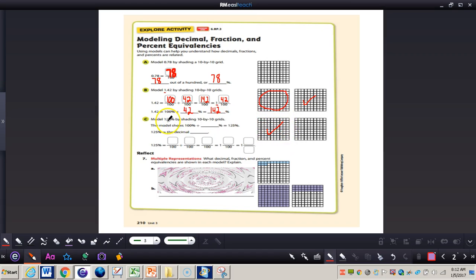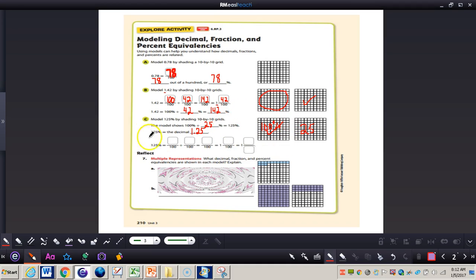And then the 25%, I want you to shade in 25 squares on that second 10 by 10 grid. So from there, the model shows that 100%, which is on this first grid, plus 25% equals 125%, and 125% equals the decimal 1 whole and 25 hundredths of the other one.